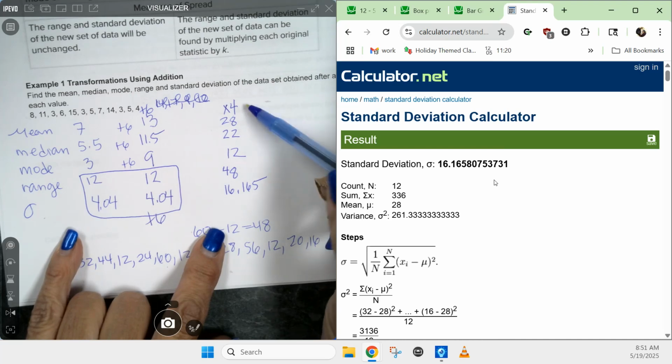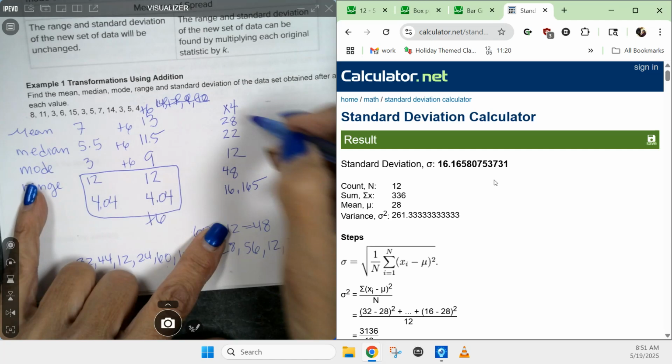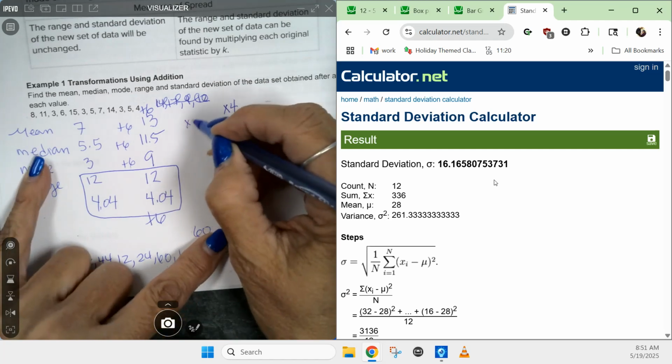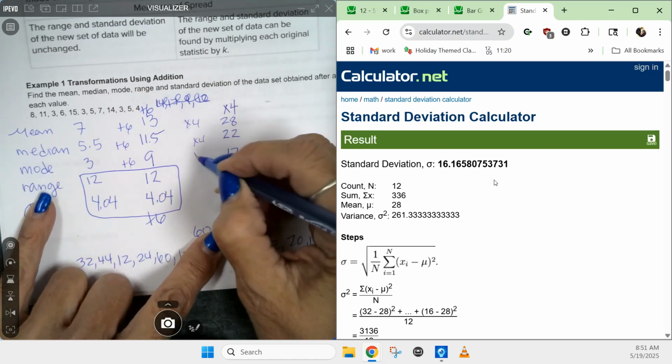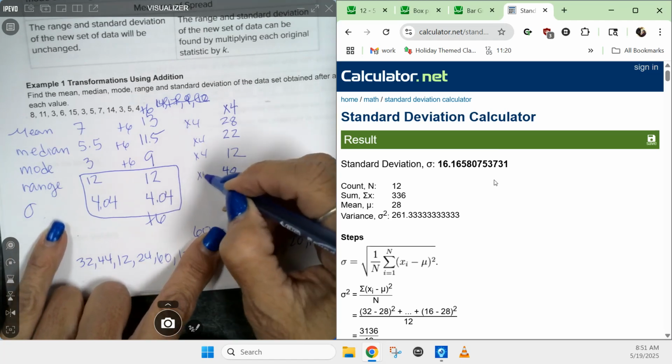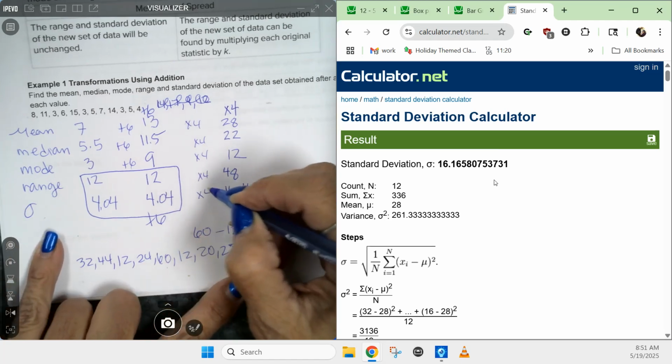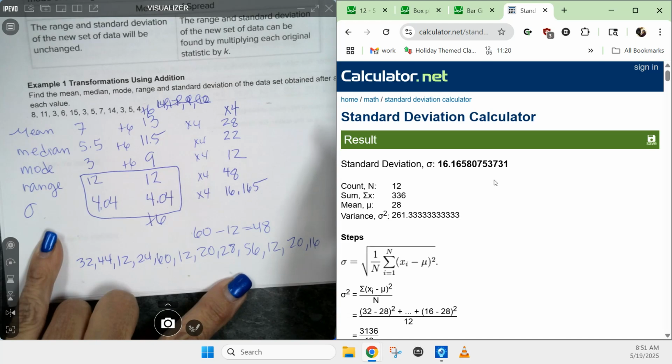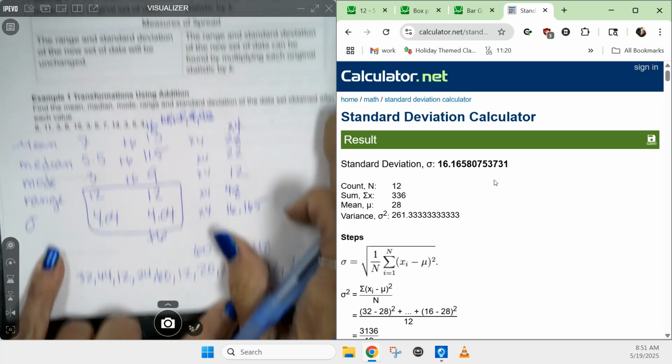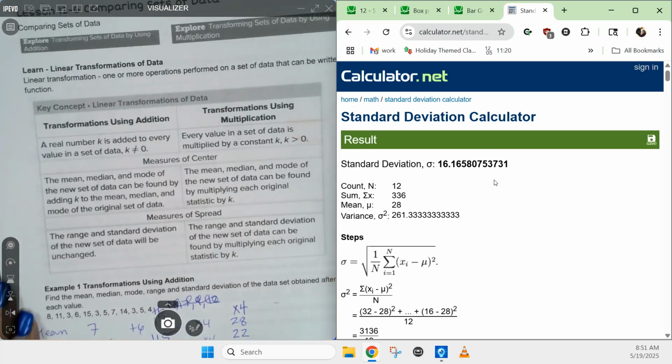Okay, so we multiply here, we multiply by 4, multiply by 4, multiply by 4, multiply by 4, and multiply by 4. Okay, so that takes us back up to here.